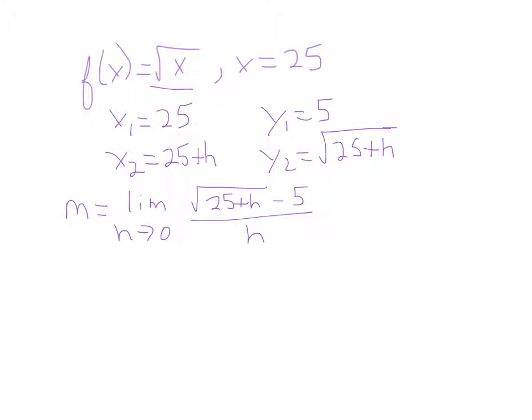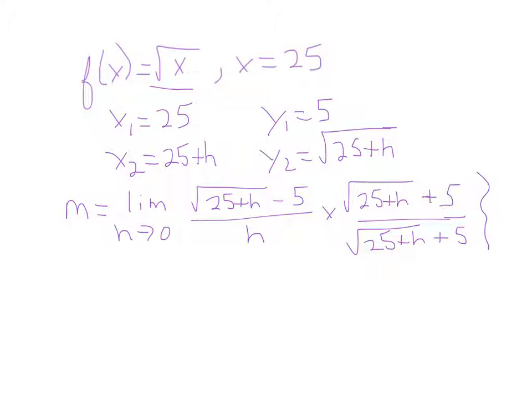Here we have to multiply the top and the bottom by root 25 plus h plus 5. We do the same on the bottom because we have to keep the whole thing equal, and this is just really 1, this whole fraction here. This is a process called rationalizing.